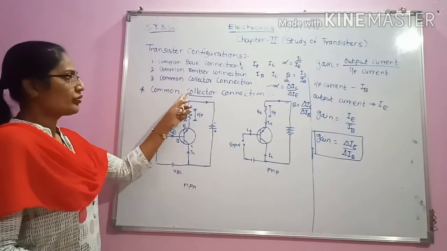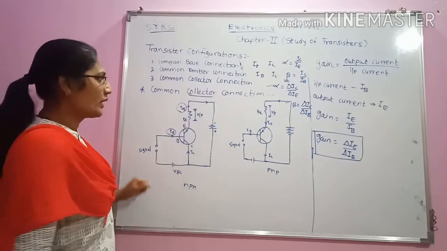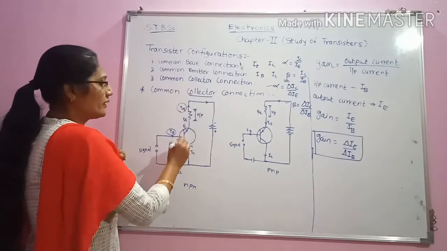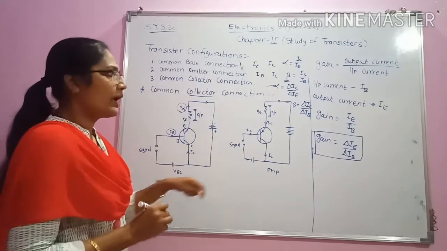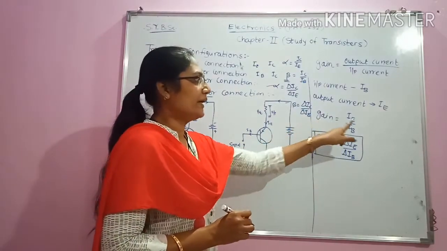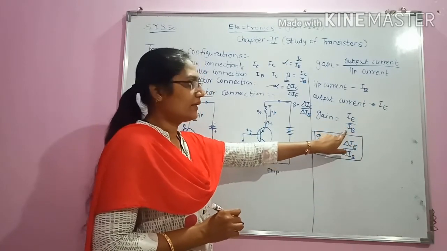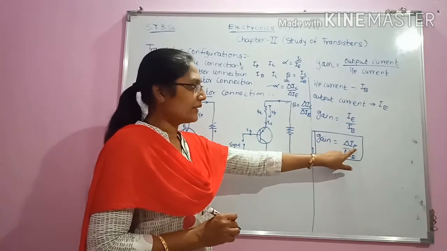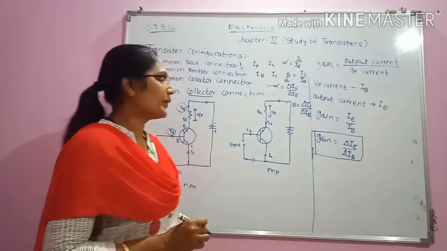Then in case of common collector connection, here collector is made common and the gain will be given by delta IE divided by delta IB.